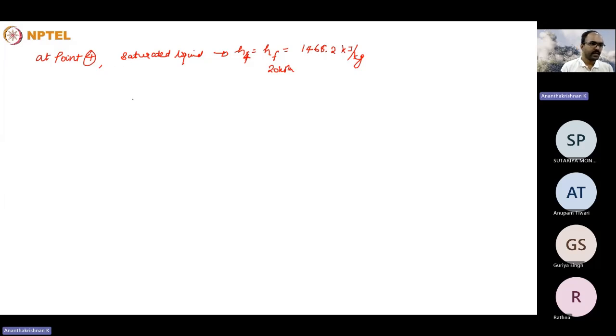Then similarly at this particular point, we can calculate the specific volume. At point 4, its specific volume nu will be equal to specific volume of saturated liquid at this same condition. It will be equal to 1.1871 cube per kg.